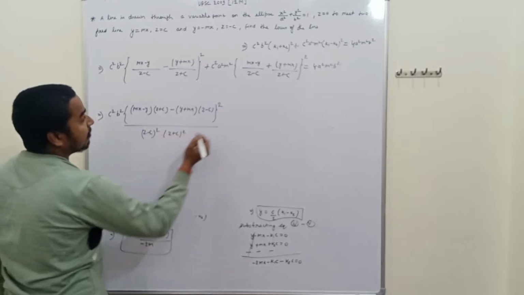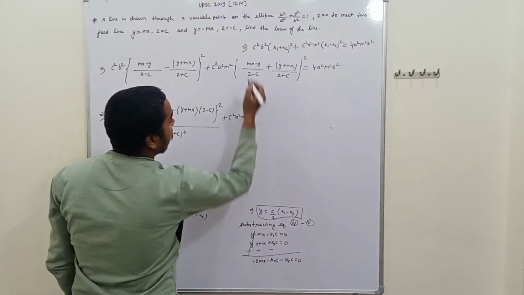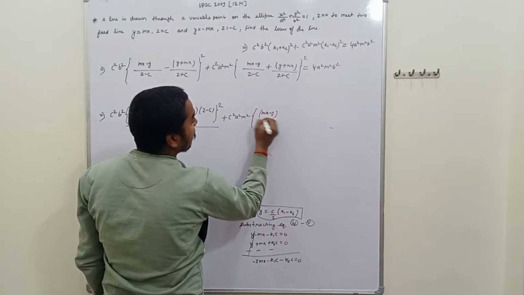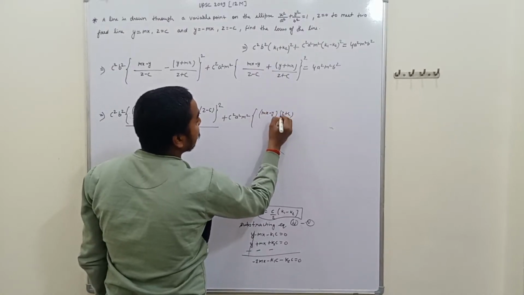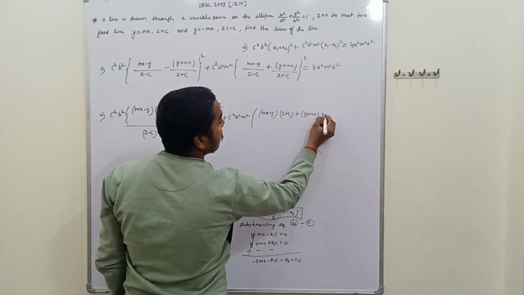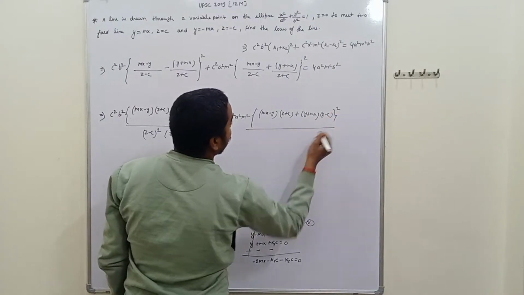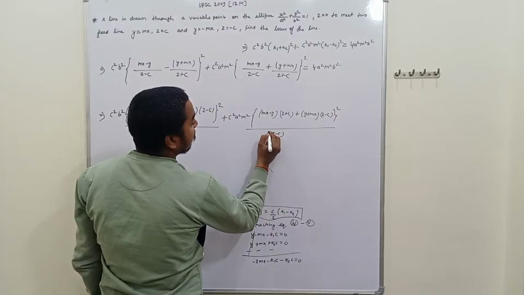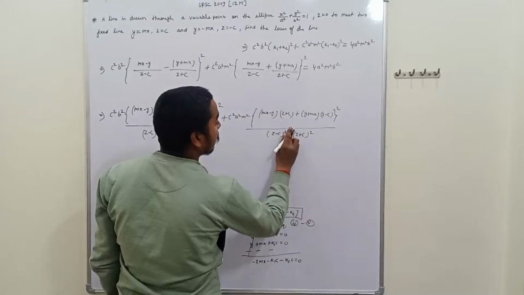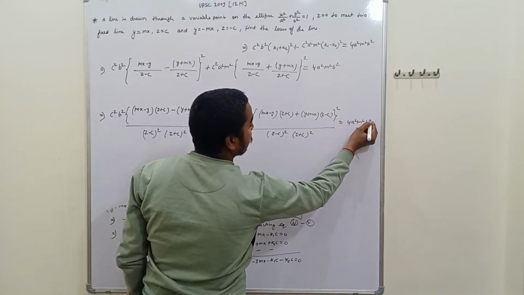We have to take LCM, plus c square a square m square, and from here we can also write, that is (mx minus y) into (z plus c) plus (y plus mx) into (z minus c) whole square upon (z minus c) whole square into (z plus c) whole square is equal to 4a square m square b square.